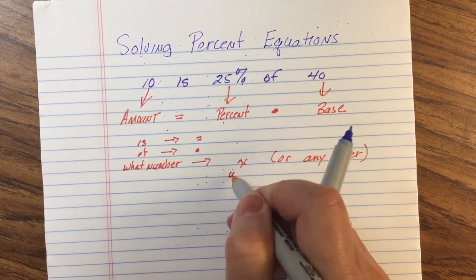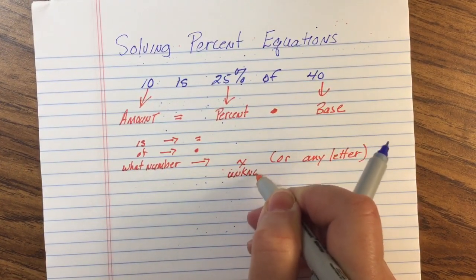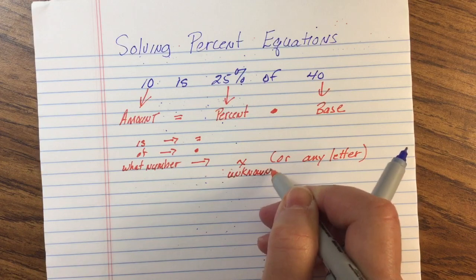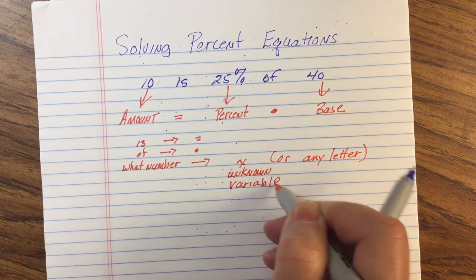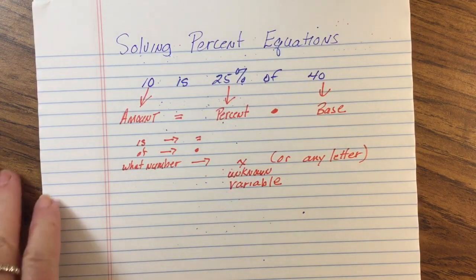The X is called the unknown, or in algebra we call it the variable. It's the value that we are looking for.